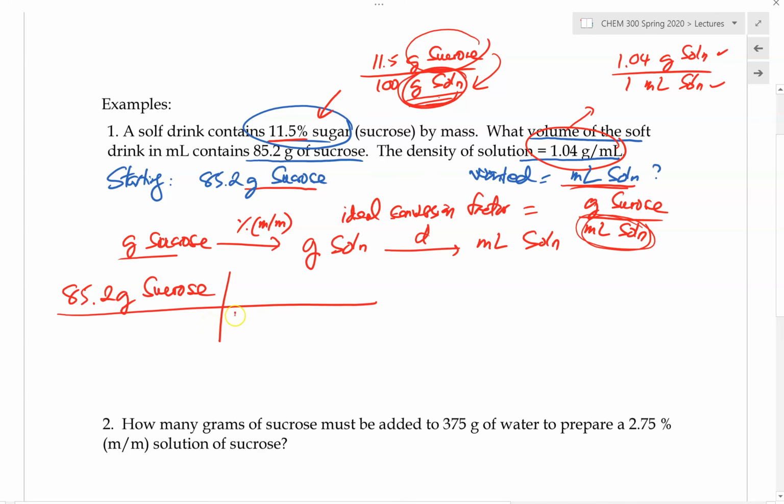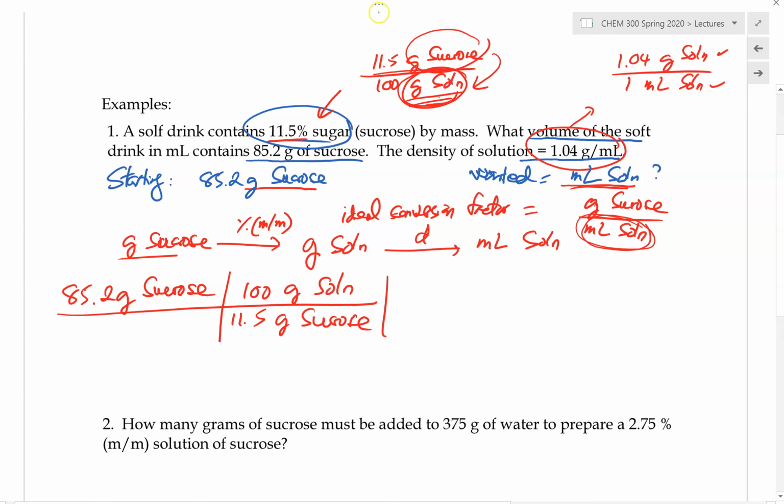We would not put 100 gram of solution on the denominator; we should put the gram of sucrose on the denominator, and that is 11.5. So make sure we put 11.5 gram of sucrose on the denominator so that it can get cancelled out. And on top it would be 100 gram of the solution. So that's how we set it up on the first step.